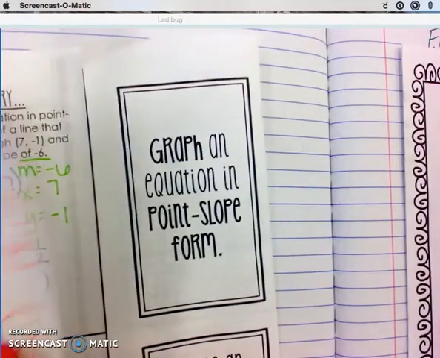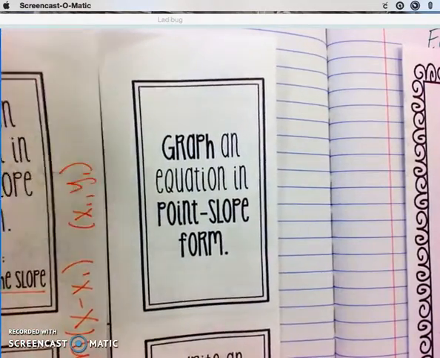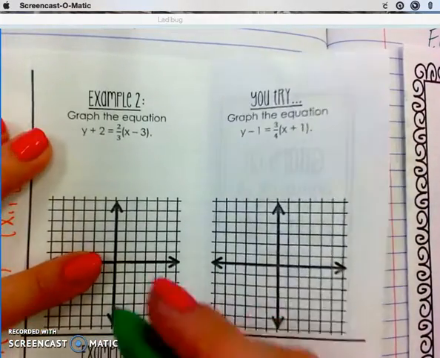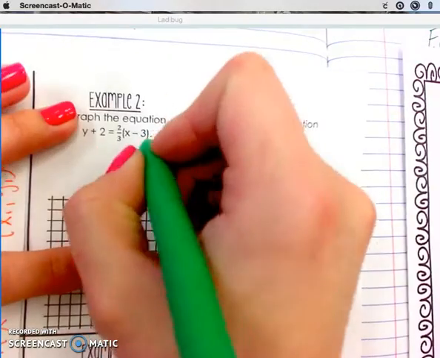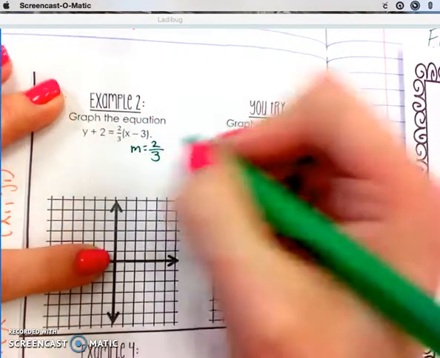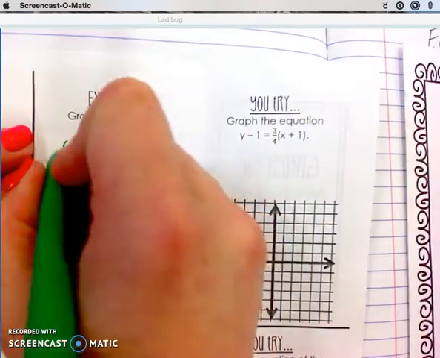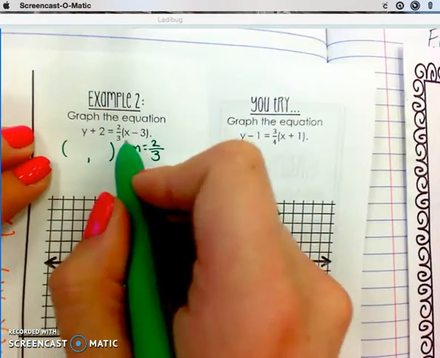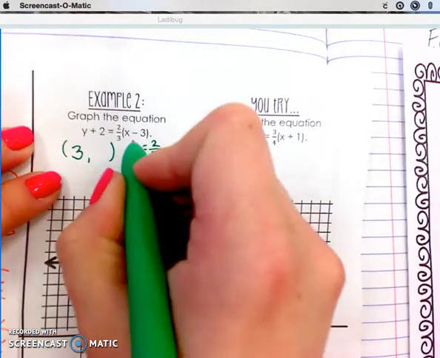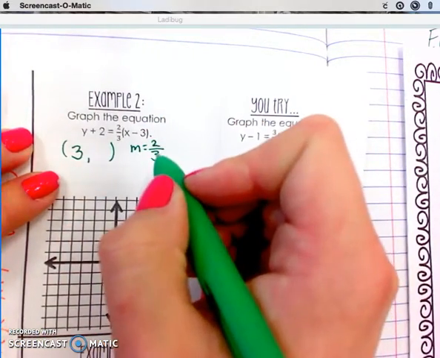So now, to graph an equation in point-slope form, you're given, we said two things, the point and the slope. So label everything. We have our m is 2/3, and our point, our x and our y. Our x is 3, because remember the formula has the minus, it's not a negative.